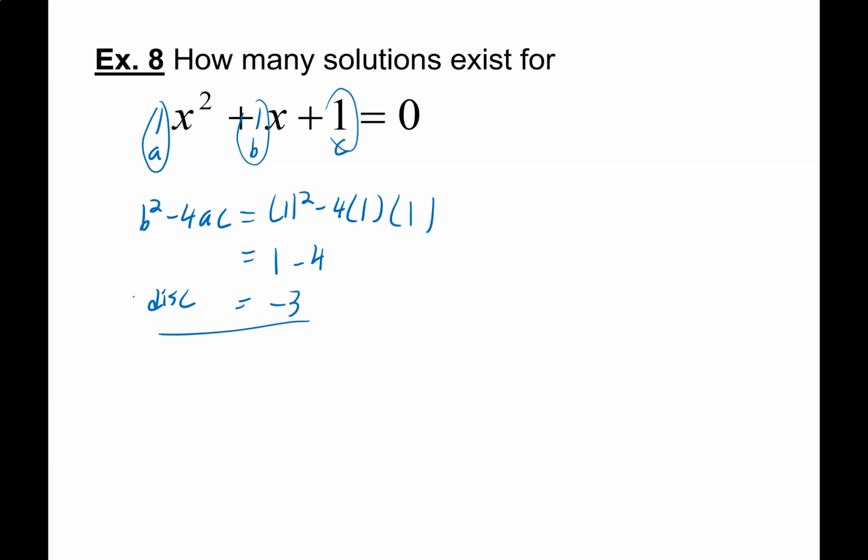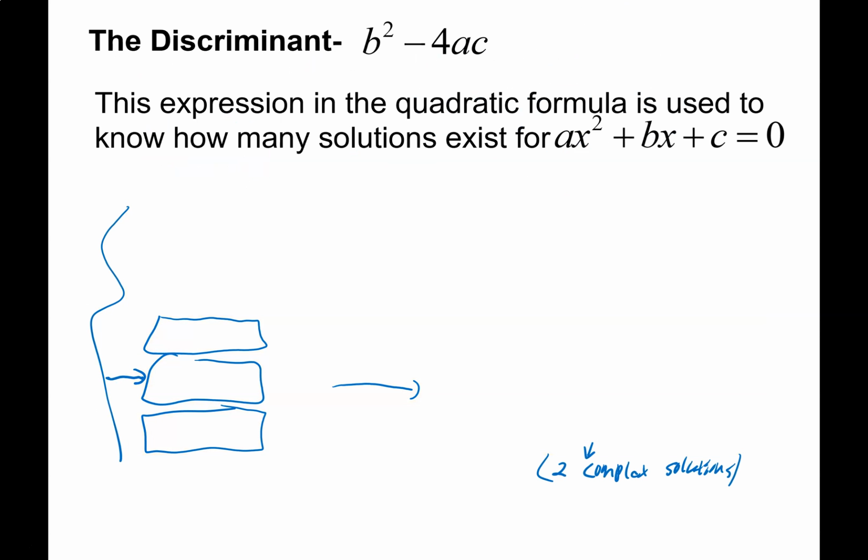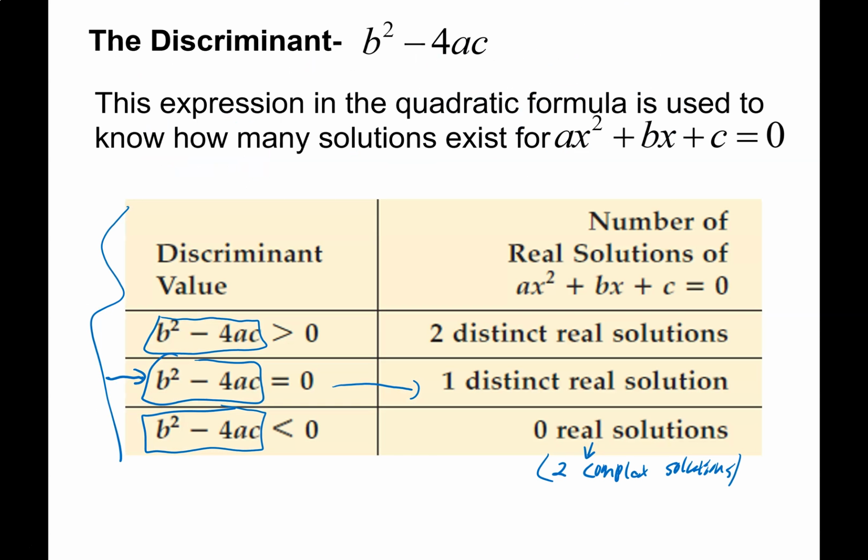Now again, if we go back, we said that if the discriminant is negative, I'm not going to get any real numbers. I'm going to get those 2 complex answers, like a plus bi and a minus bi. I think I'm going to get 2 answers that are conjugates of each other. That's what I believe is going to happen here.